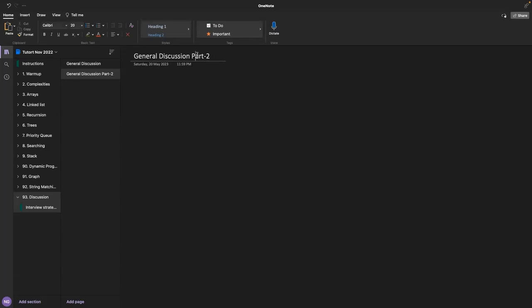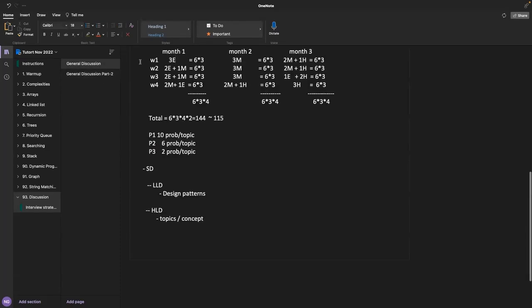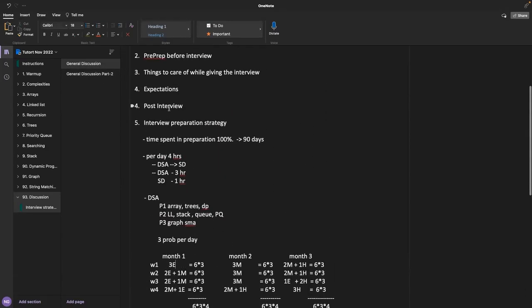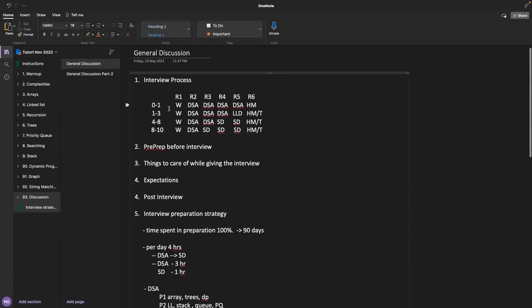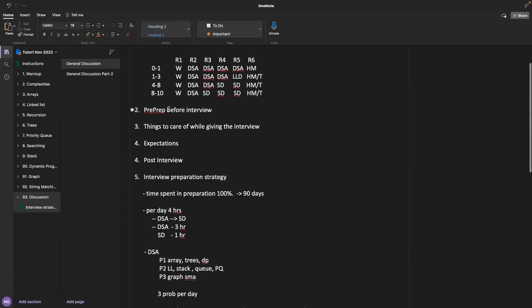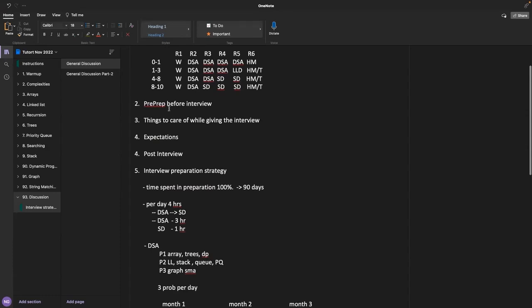In the last class, we discussed a good number of points regarding how the interview process looks like, what we should take care of before the interviews, what we should do for preparation, the things to care of, and what the expectations of the interviewer are when you give the interview.